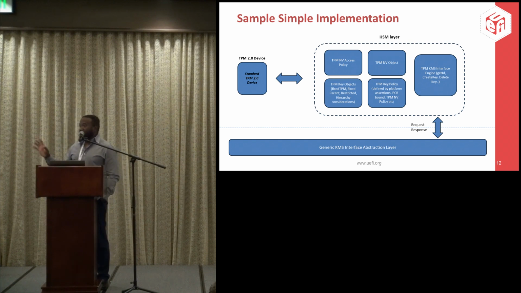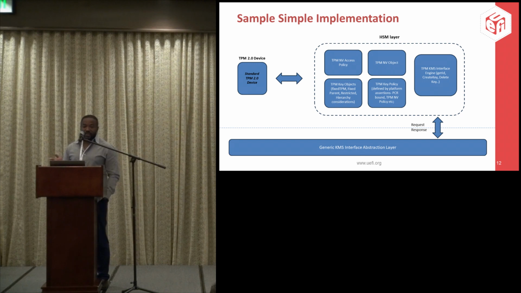So this is just a sample implementation, but it has its flaws. Because we're talking about using a TPM on a platform, the flaw is that you could have an advanced attacker who is able to inject cycles on the I2C or SPI buses.